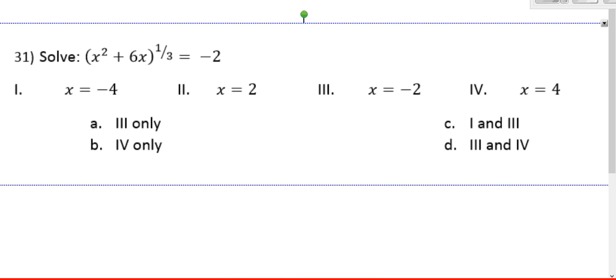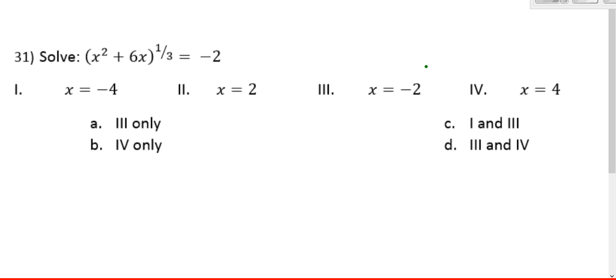So, same type of question. We know this 1/3 means cube root. So that means we're going to cube both sides to cancel that out. So you get x squared plus 6x equals negative 2 to the third, which is negative 8. Move the 8 over.